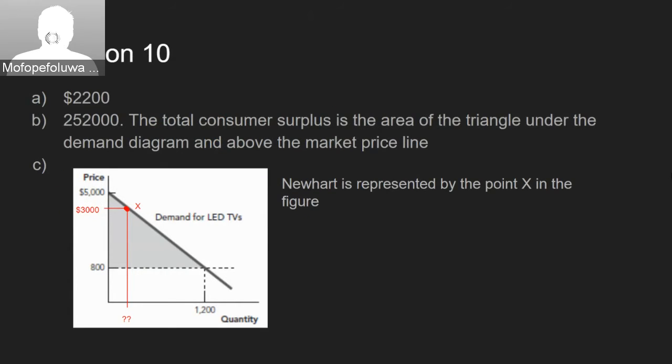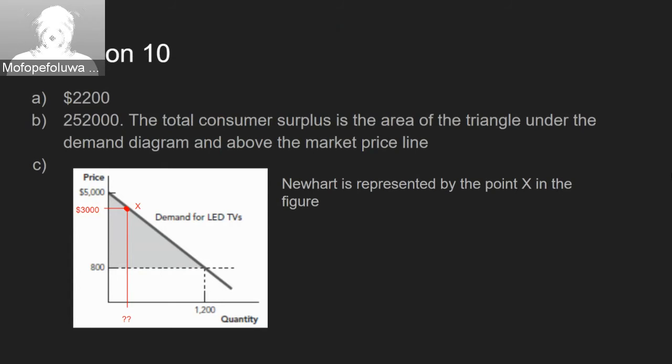Okay, so Newhart enjoys a consumer surplus of 2,200 because this is the difference between what he or she was willing to pay and what he or she actually pays, which was $800.